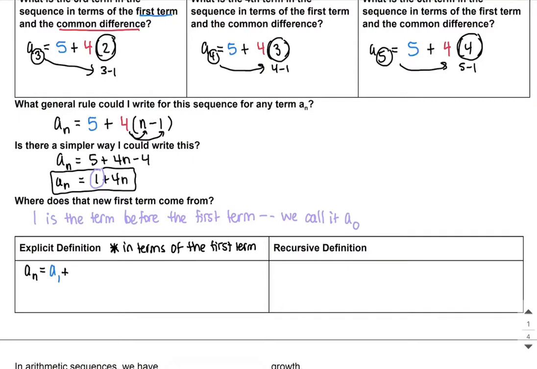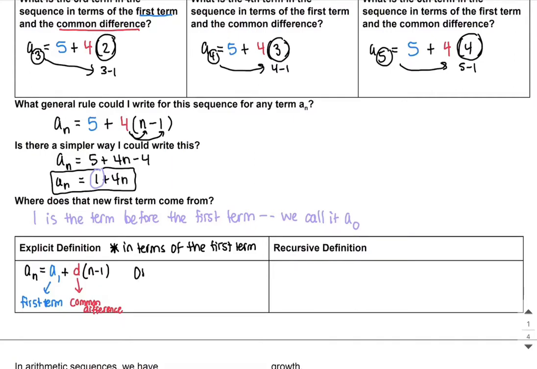So sorry, a sub 1, I'm just going to label this, is our first term. And then we're adding our common difference, so I'm going to label that D, the common difference times n minus 1. So D is the common difference. And then n is just the position number that you're looking for.